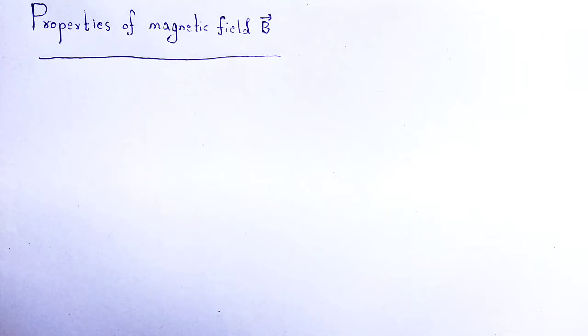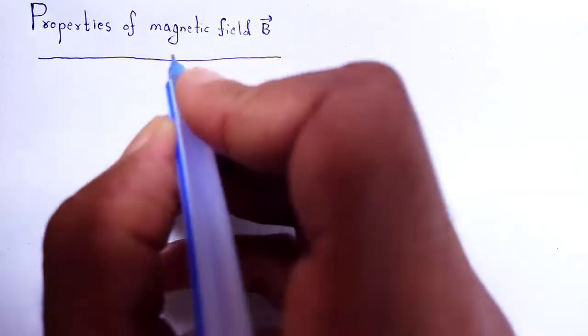In this video, we are going to discuss properties of magnetic field, that is divergence and curl of magnetic field and its significance. Let's begin. Properties of magnetic field B vector.